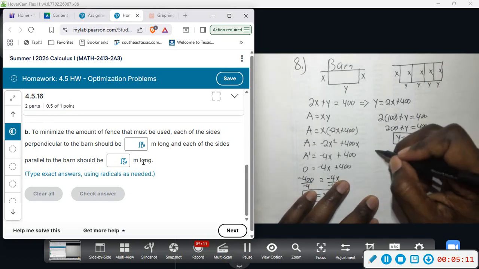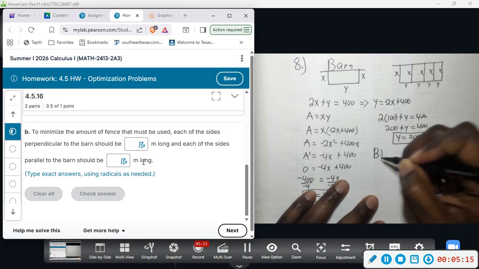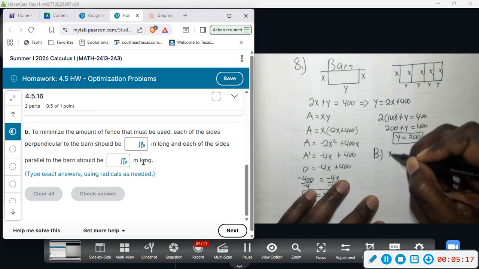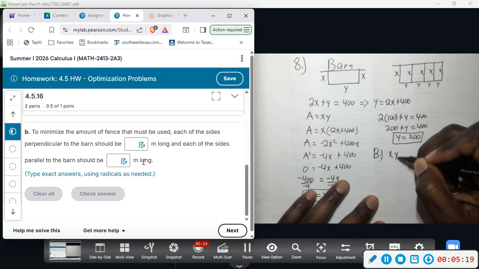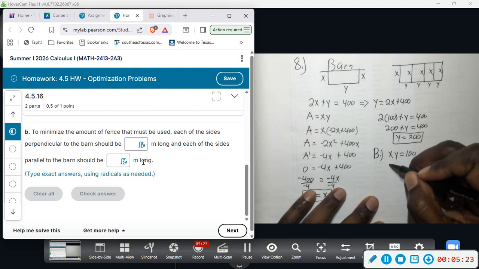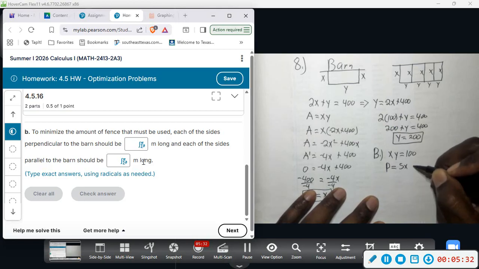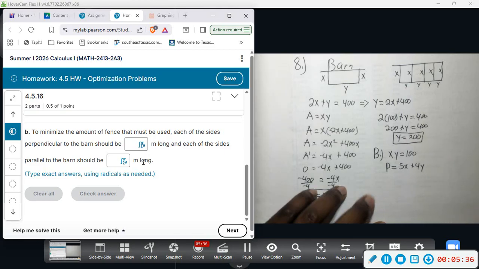All right, so part B, we know that x times y equals 100, and we are trying to figure out the perimeter that minimizes. We're trying to figure out the 5x plus 4y so that we use the smallest amount of fencing possible.